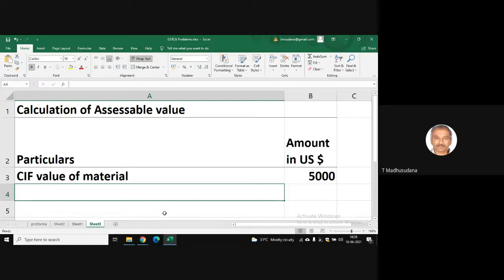In this problem, the CIF value has been given. Generally, for the cost of material we add all expenses to calculate the FOB value, and add expenses of the importer to get the CIF value. Here the CIF value is directly given.